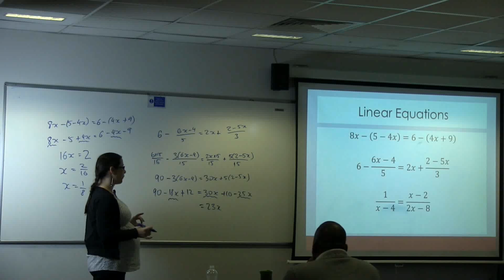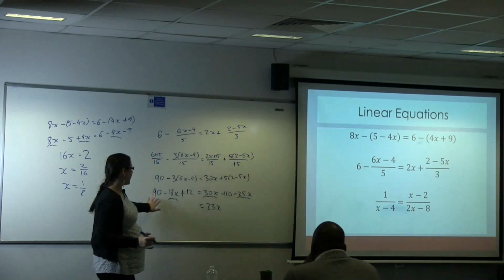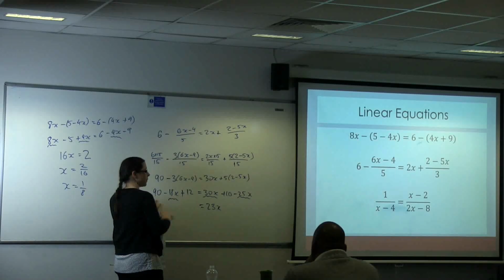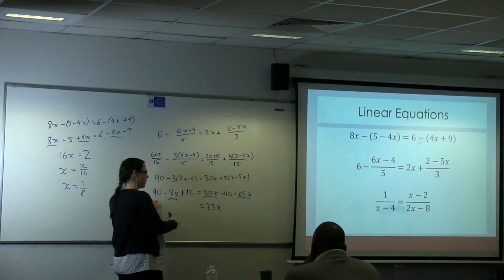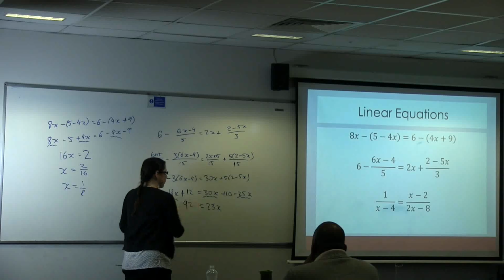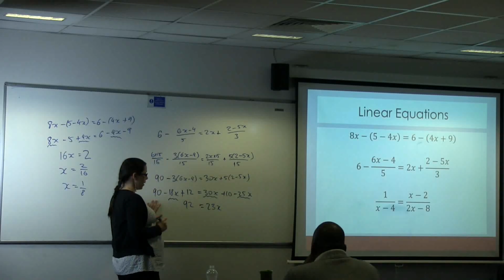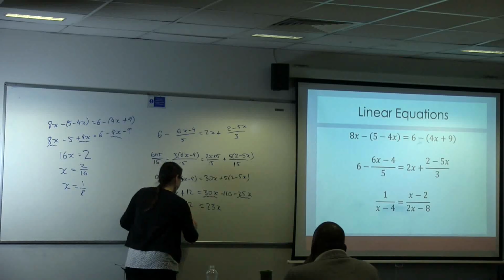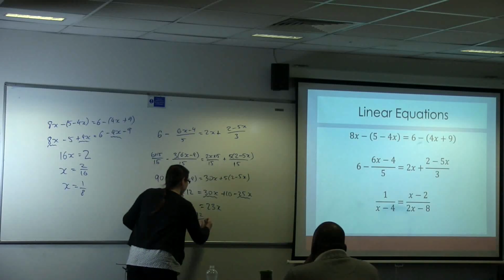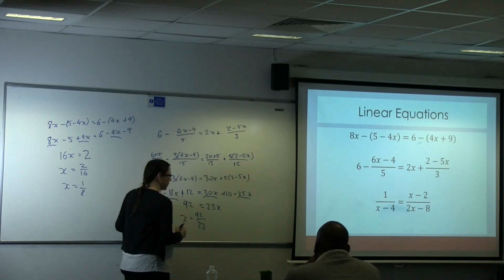Now I just need to do the same for the numbers. 90 plus 12 gives me 102. Take away 10 will give me 92. So 92 equals 23x. So x will be 92 divided by 23.